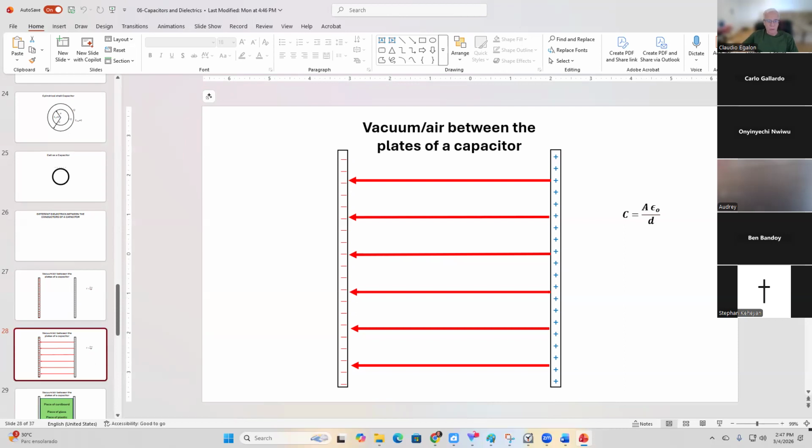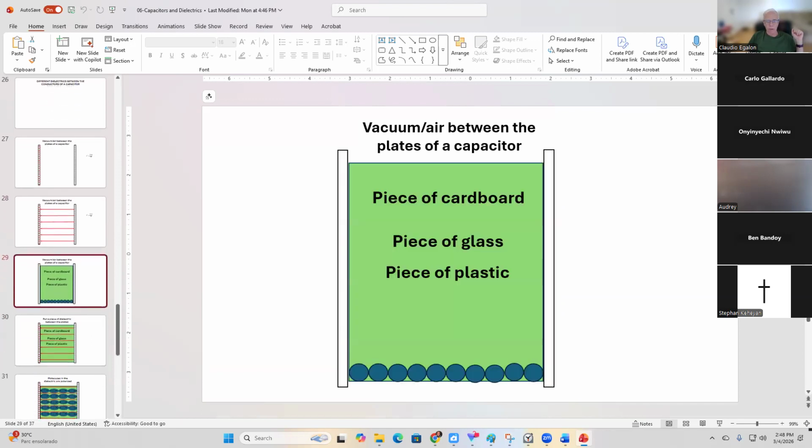And those arrows are the best way to visualize an invisible quantity that we call the electric field. That's why you need some imagination here to visualize difficult stuff, right? So that's what we get when you have vacuum or air between the plates.